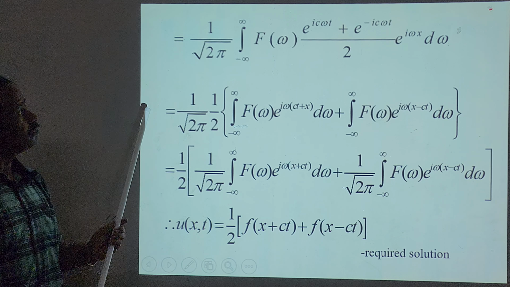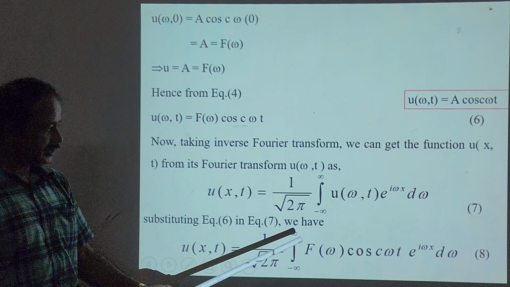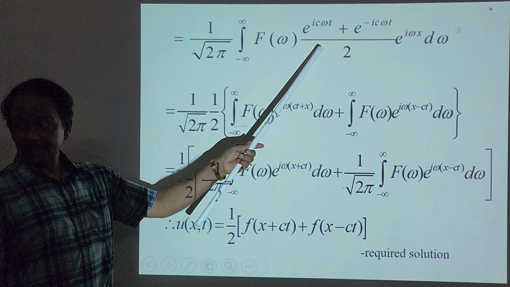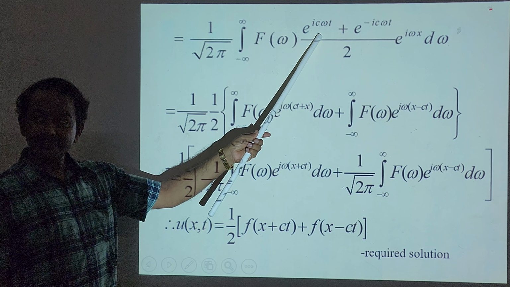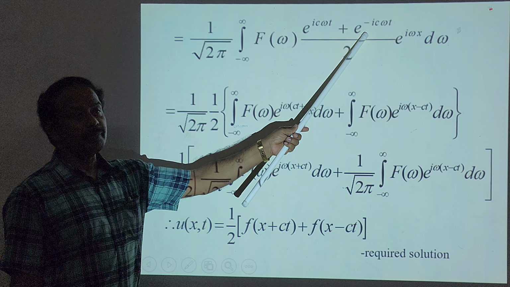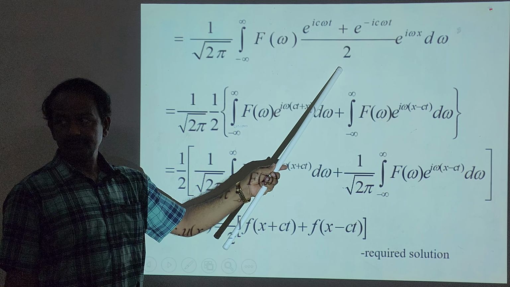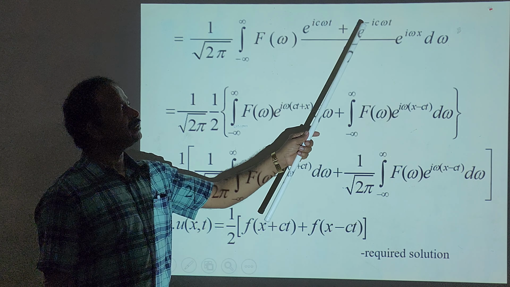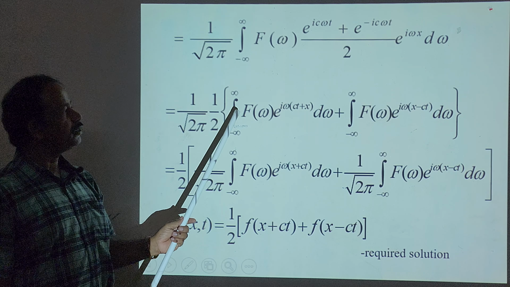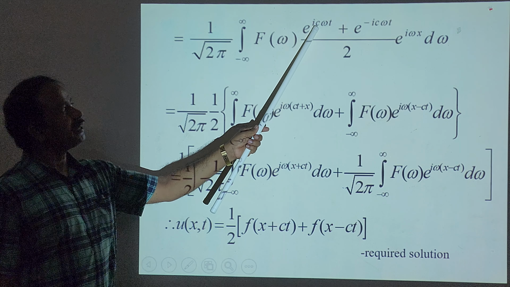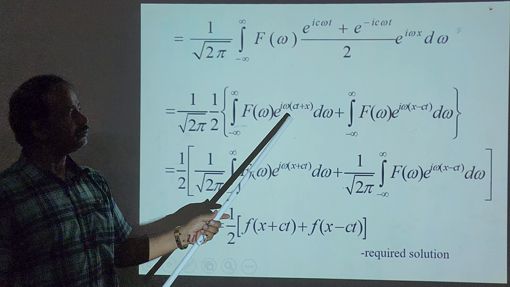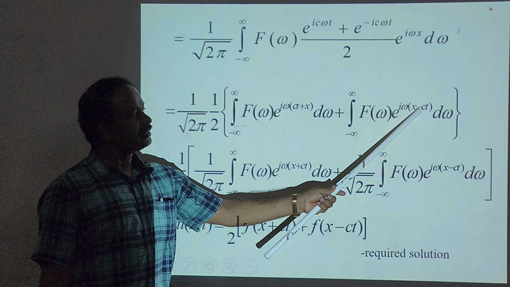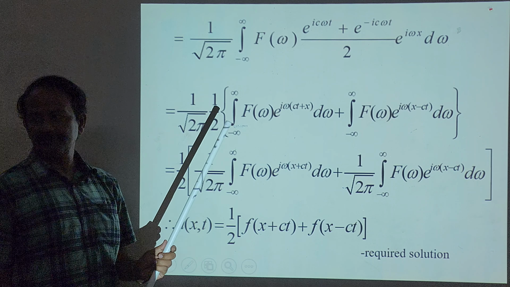Now 1 by 2 pi. See here, cos c omega t can be written as e power i c omega t plus e power minus i c omega t, divided by 2. And you have e power i omega x. You multiply: this term with this term will give you f of omega e power i omega times x plus ct, and this term will give you e power i omega times x minus ct, and separate the terms with the integration.